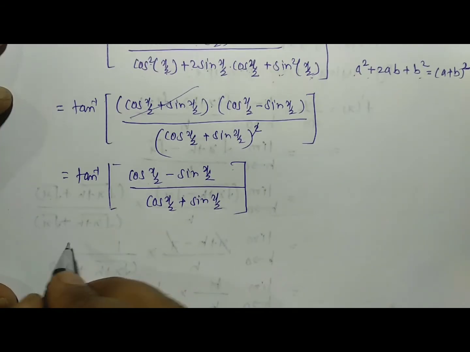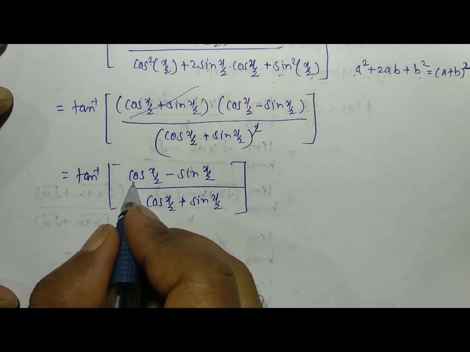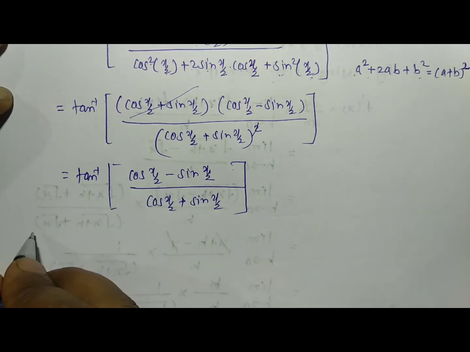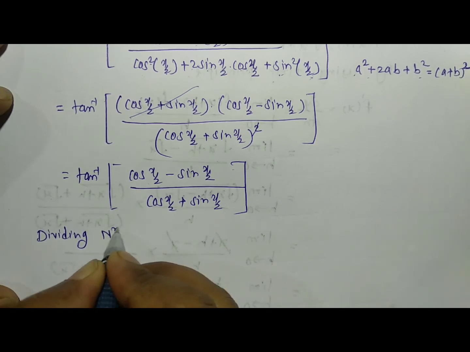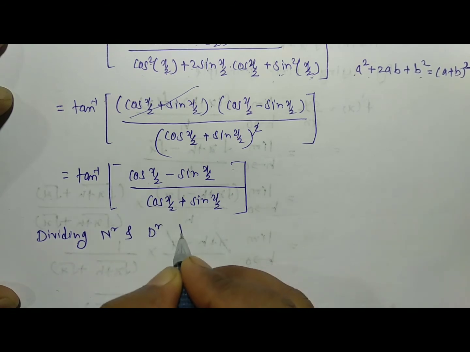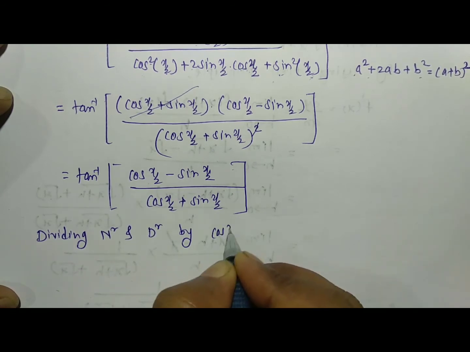Right now, dividing the numerator and denominator by cos x/2, you will get it like that.